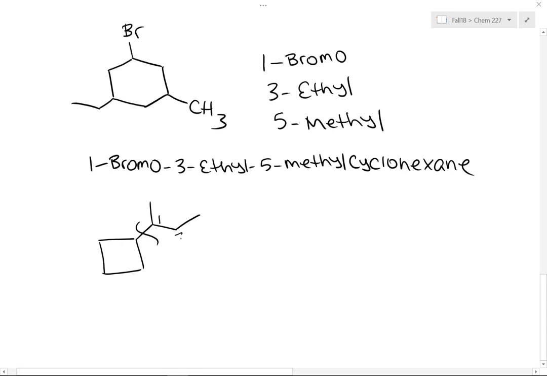So 1, 2, 3. So the substituent is going to be a 1-methylpropyl. Okay, we would put that in parentheses and then put it with the parent. So 1-methylpropylcyclobutane.